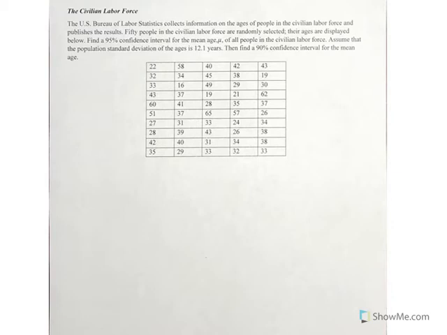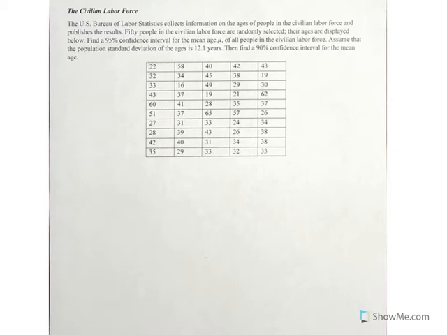Their ages are displayed below. Find a 95% confidence interval for the mean age of all people in the civilian labor force. Assume that the population standard deviation of the ages is 12.1 years. Then find a 90% confidence interval for the mean age.